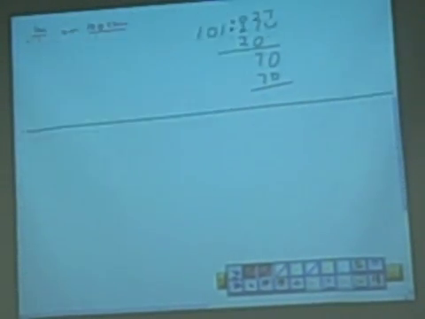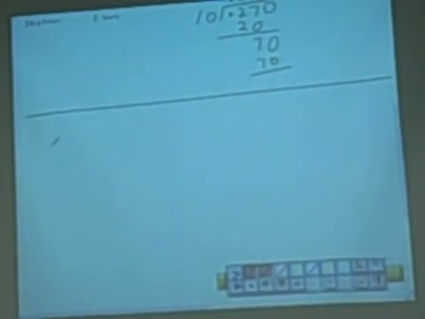Okay, now let's say that here we have 79 milligrams, and we want to find out how many grams that is.